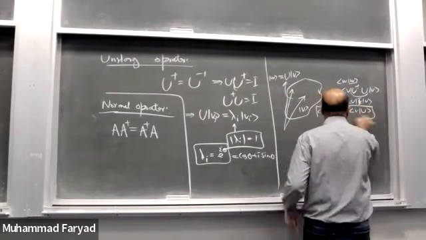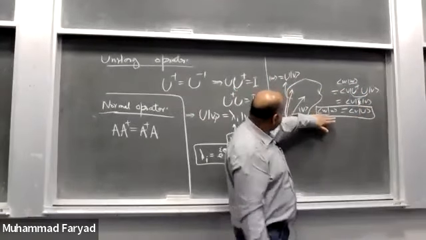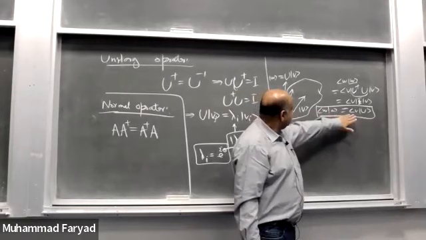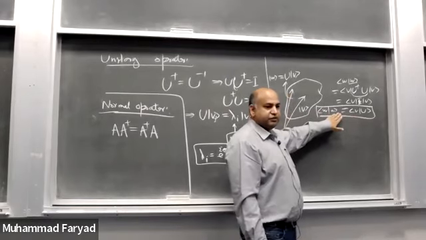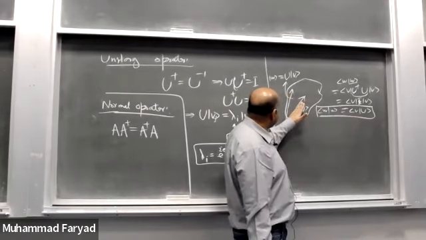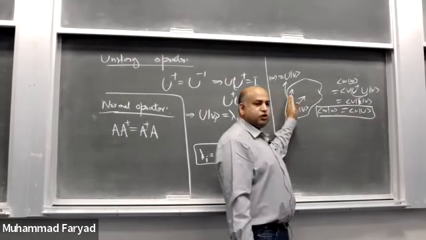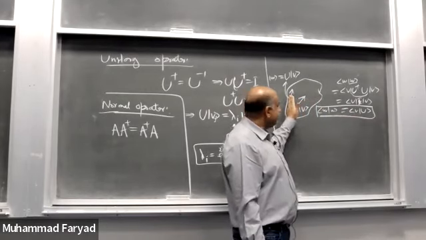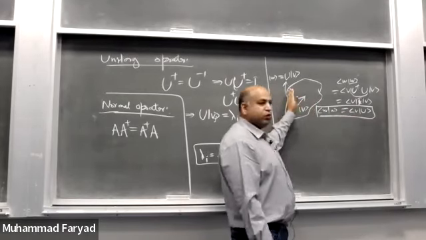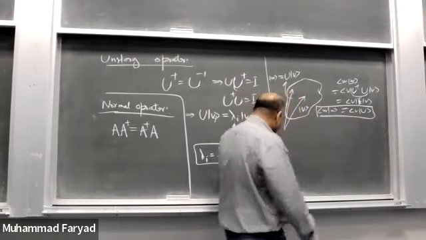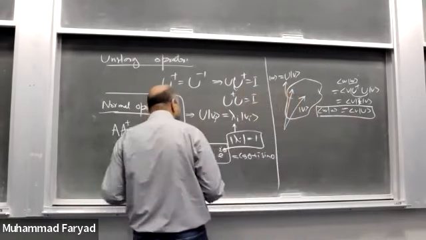So it means after operating with the unitary operator, the norm of the vector hasn't changed. And if your initial vector is normalized, your later vector is also normalized, which means that a ray is transformed to a ray.